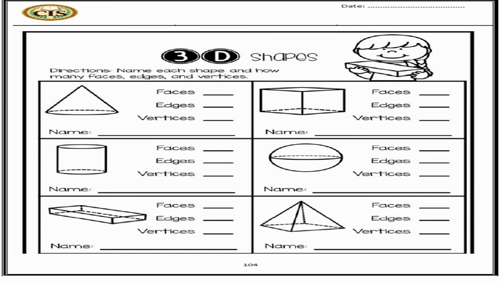Name each shape and how many faces, edges, and vertices. First shape, remember with me? What is the shape name? It's cone. How many faces in the cone? 1 circular base. And how many edges? 0 edges. How many vertices in the cone?